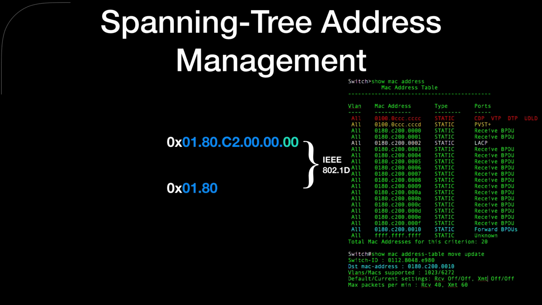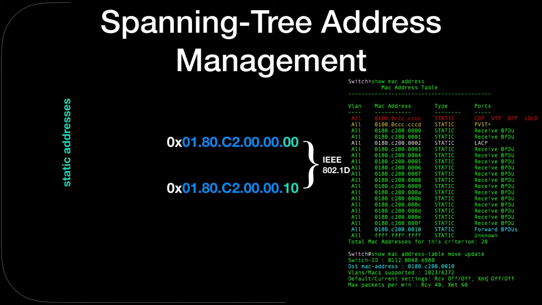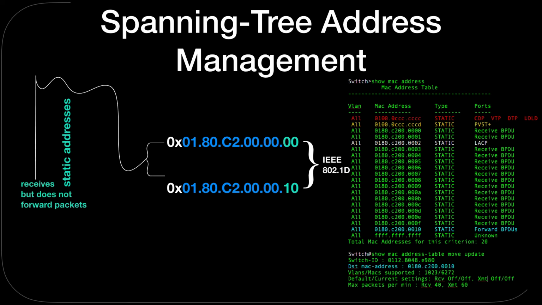Spanning tree address management. IEEE 802.1D specifies 17 multicast addresses, ranging from hex 00 to hex 10, to be used by different bridge protocols. These addresses are static addresses that cannot be removed. Regardless of the spanning tree state, each device in the stack receives but does not forward packets destined for addresses between hex 00 and hex 0F.